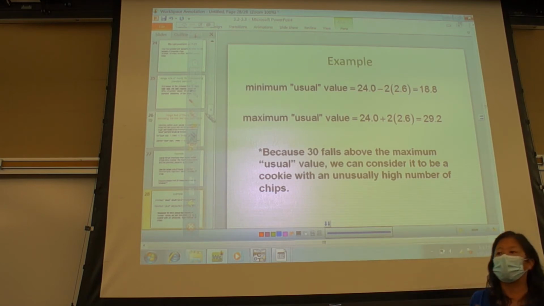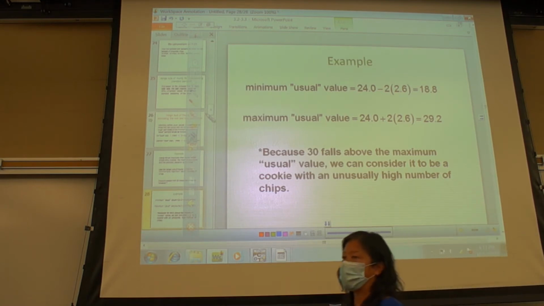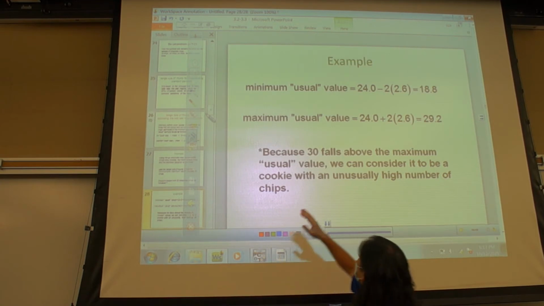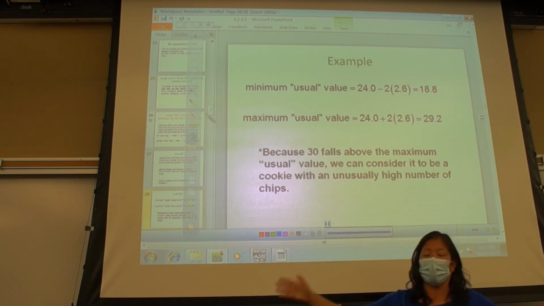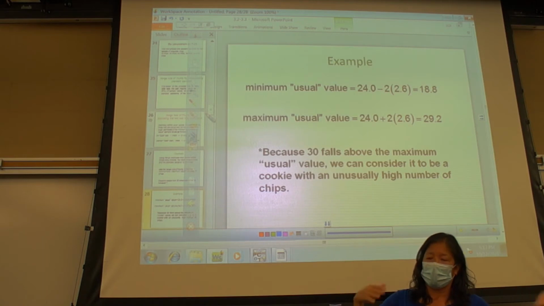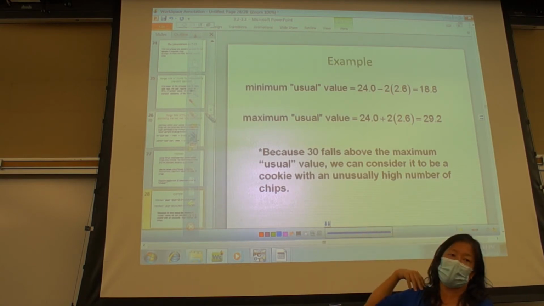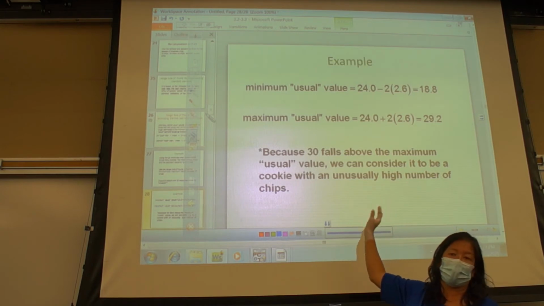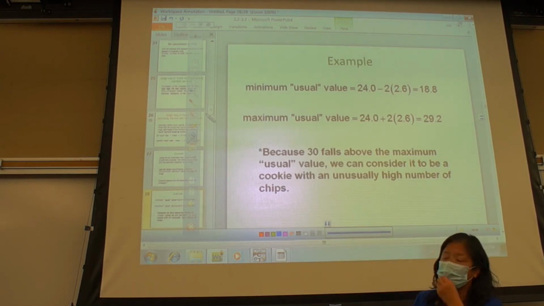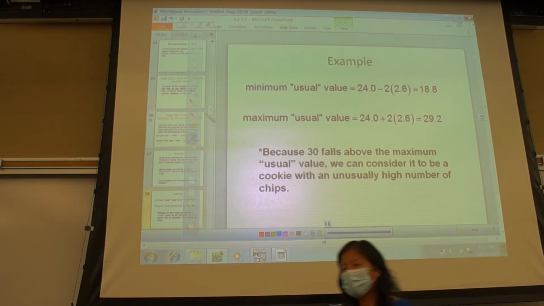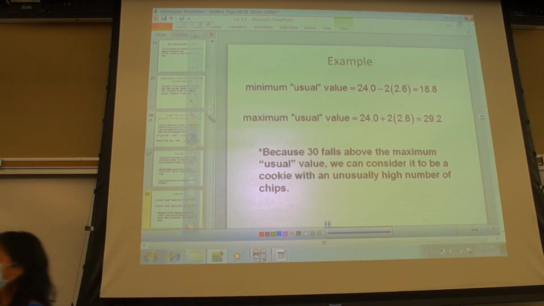Why? Because people all the time get caught up and they just go straight across and completely ignore order of operations and say, oh, subtraction first, instead of remembering that you multiply before you add and subtract. So they end up with a minimum of 55. If my chocolate chip average is 24 chocolate chips, does it make sense for the minimum typical value to be 56 chocolate chips?